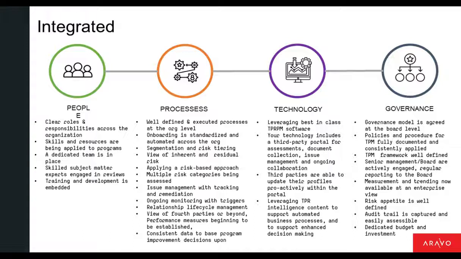They'll generally have a view of their fourth parties. And they'll be leveraging third-party risk intelligence content to support automated business processes and enhanced decision-making within the platform. Typically, organizations will have brought in risk intelligence providers that are starting to fuel some of the workflows and decision-making capabilities within the workflow technology.